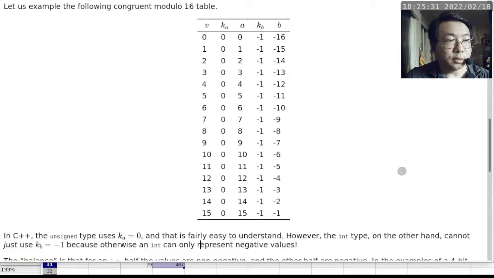All right, I'm not seeing any questions. Shall we move on? Are we good with what this table is representing?